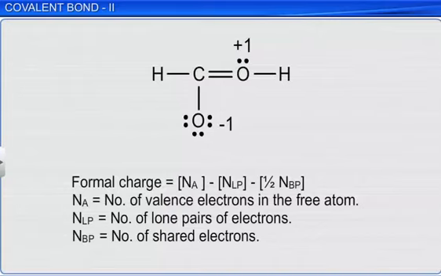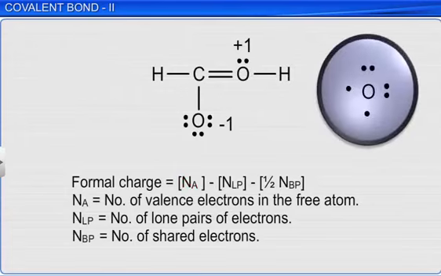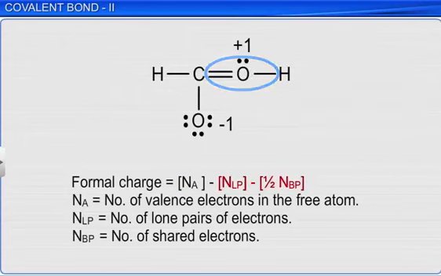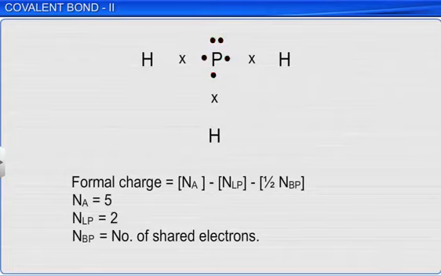The formal charge can be expressed as the difference between the number of electrons present in that atom in its isolated state and the number of electrons assigned to the atom in the Lewis structure. For example, in a phosphine molecule, the number of valence electrons in the phosphorus atom is 5 and the number of lone pair electrons is 2.